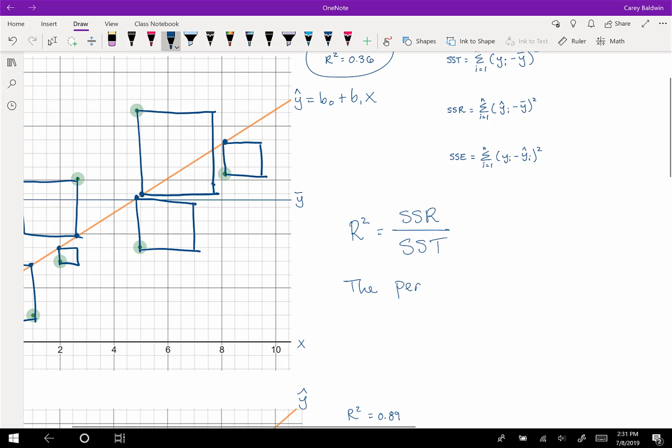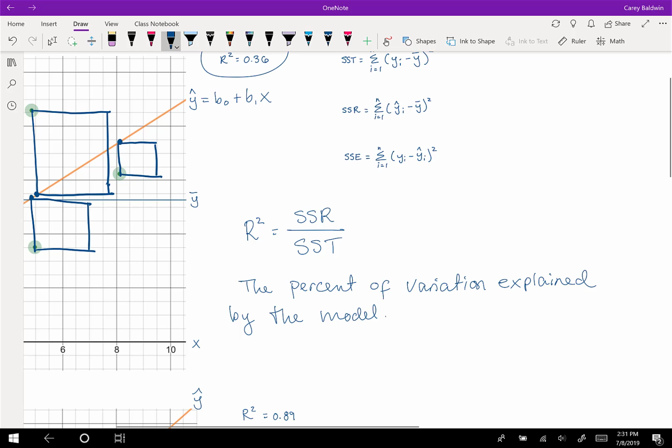It's usually represented as a percentage. It could also be calculated by taking 1 minus the sum of squared error divided by the sum of squared total. So it's everything except for the variation that's just random that we haven't been able to explain using the model, is another way to think about it.